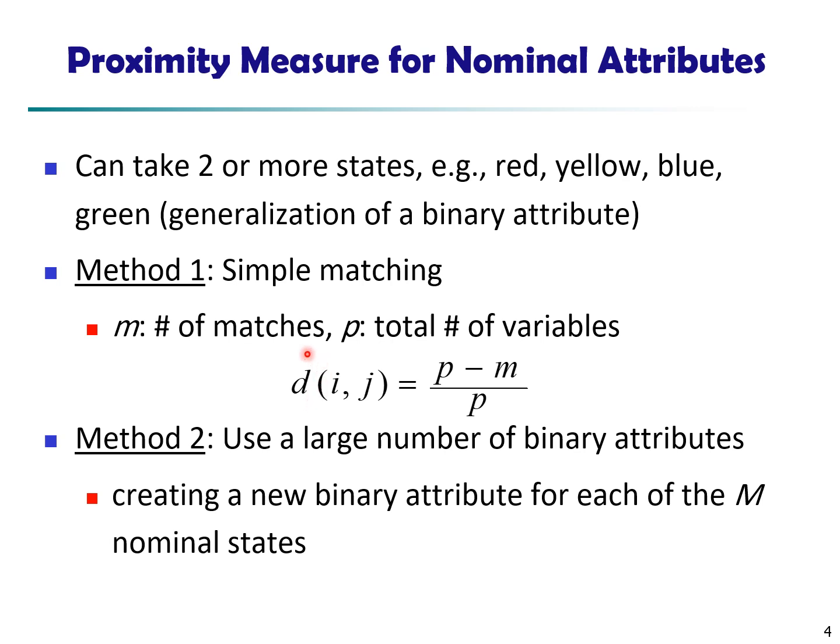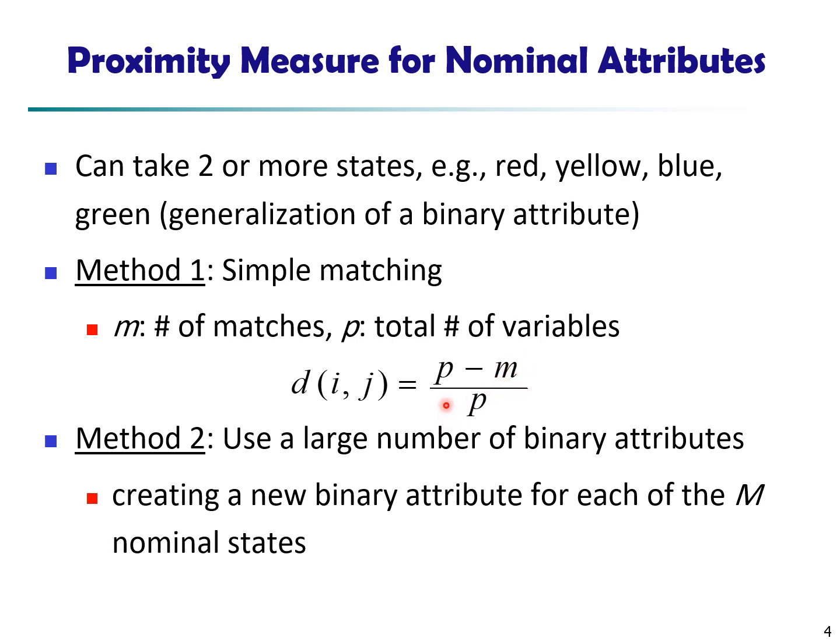The dissimilarity between object I and object J is P minus M divided by P, where P is the number of attributes, or variables, and M is the number of matches.